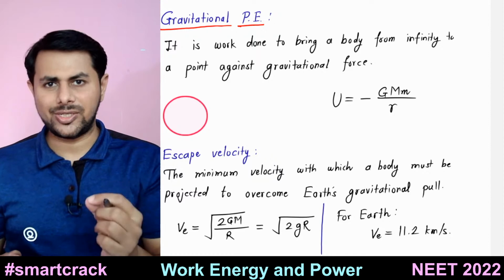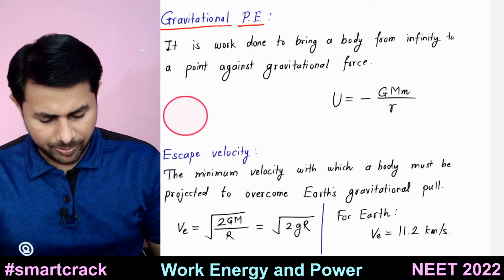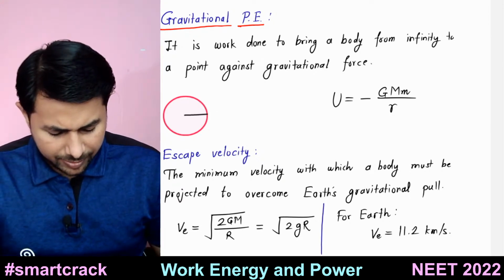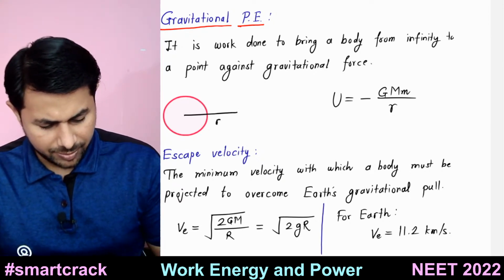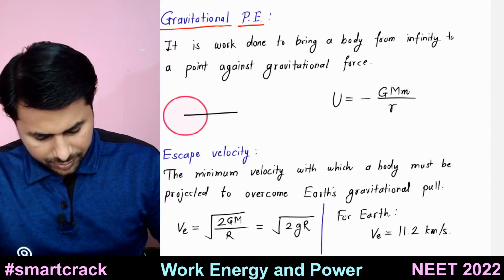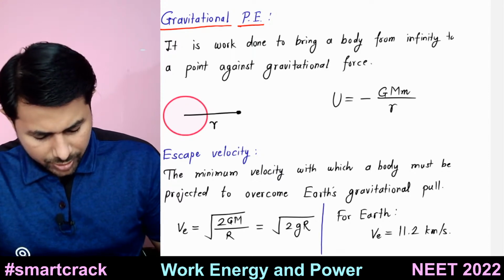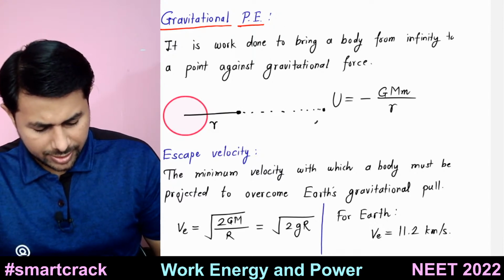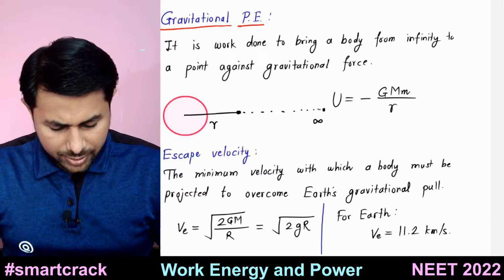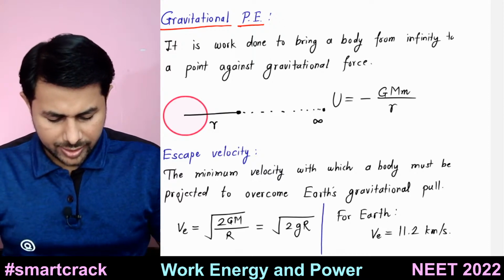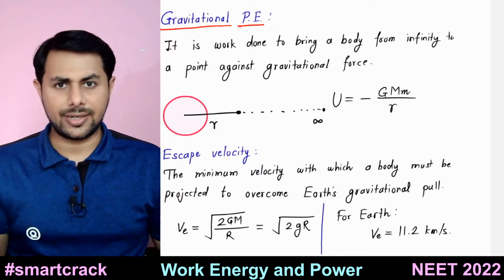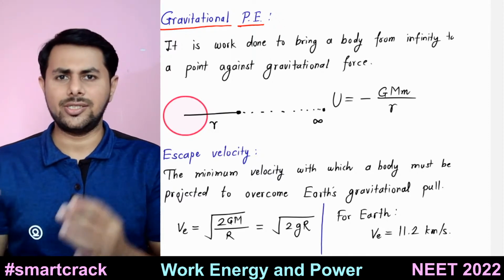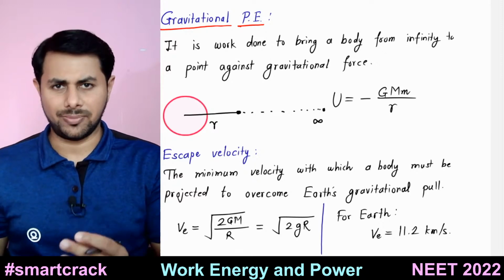So we bring some object from infinity and put it at a distance r away from the center of Earth. We have to do some work in bringing this object against gravity.